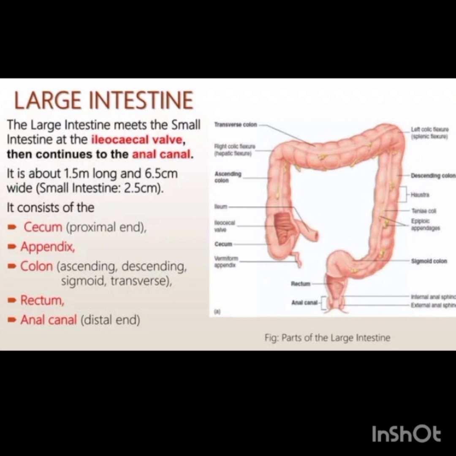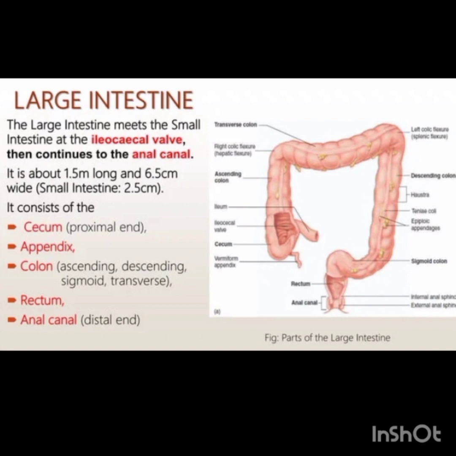It consists of the cecum, the proximal end. Proximal means the starting end, my dears. The cecum is the small tube-connected part. And the appendix, you all know, those who have constipation problems can get appendicitis, the inflammation of the appendix.